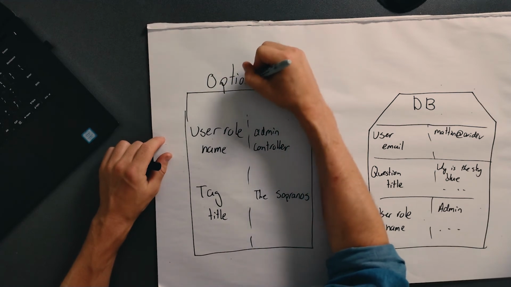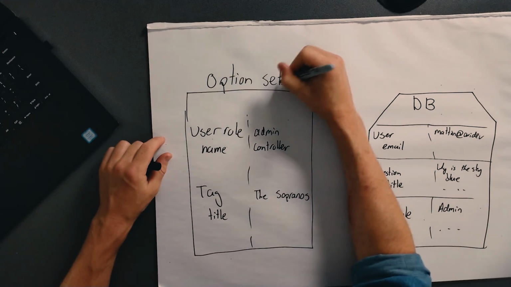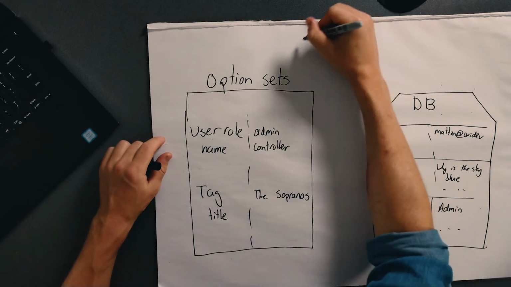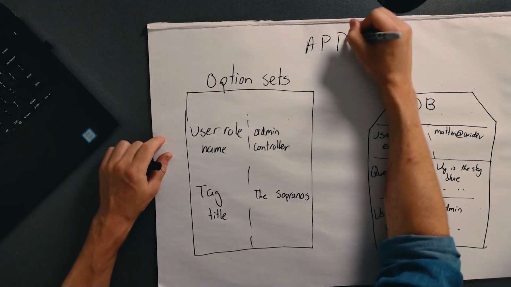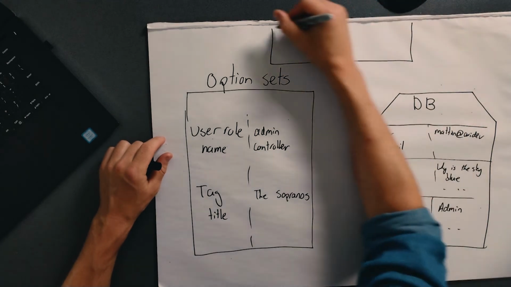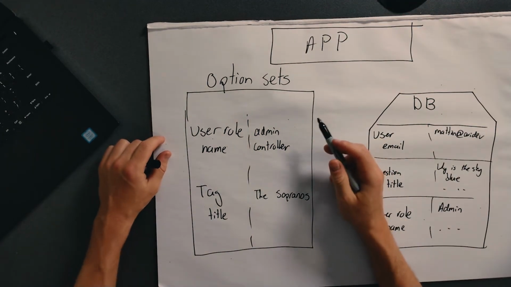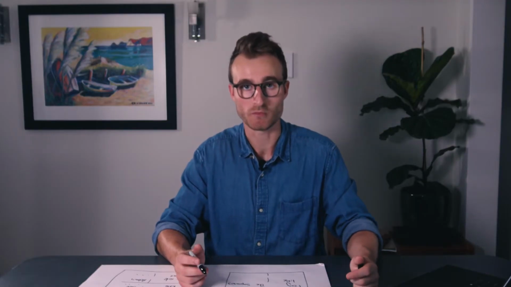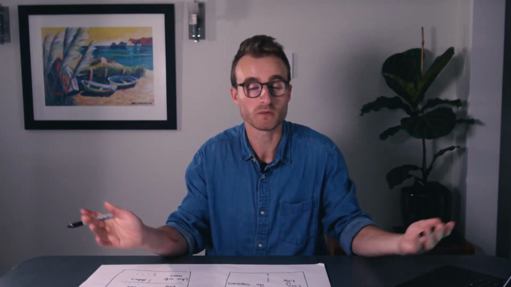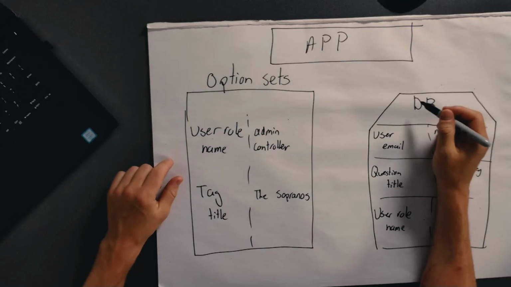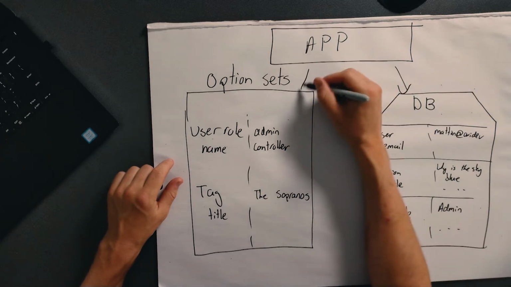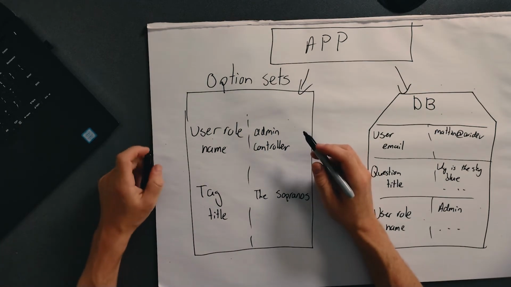Okay, those are our option sets. Now our app, which lives up here, now has a choice about what it's going to use as reference data, or what it's going to use as data, basically. It could take some stuff from the database, or it could take something as an option set.